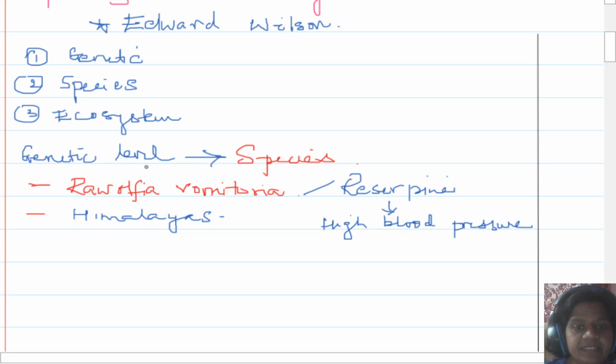That means there is a variation within the species. And we have taken as an example Rauwolfia vomitoria. This plant grows in the Himalayas. And reserpine is what is extracted from this, and it is used for treating high blood pressure.